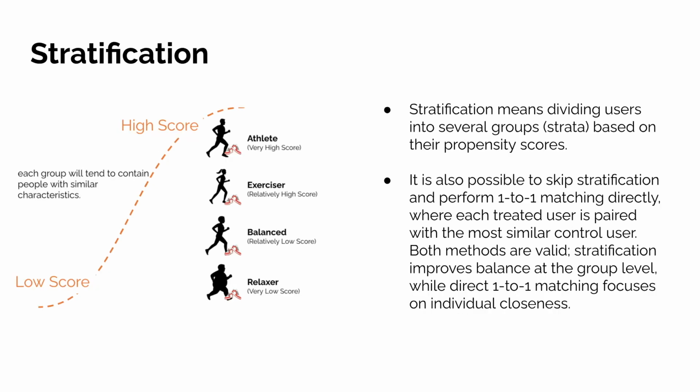Stratification means dividing users into several groups based on their propensity scores. It is also possible to skip stratification and perform one-to-one matching directly, where each treated user is paired with the most similar control user. Both methods are valid. Stratification improves balance at the group level, while direct one-to-one matching focuses on individual closeness.